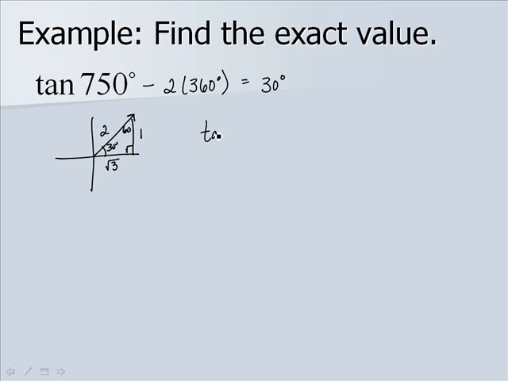So the tangent of 750 degrees is equivalent to the tangent of 30 degrees, which will be the opposite over the adjacent, or 1 over square root of 3, and we multiply by square root of 3 over square root of 3. So we have the square root of 3 over 3.